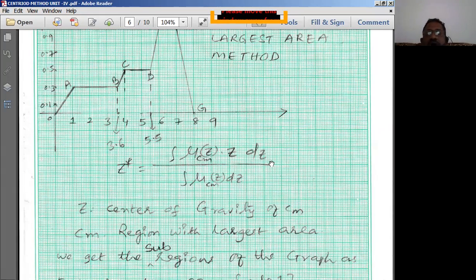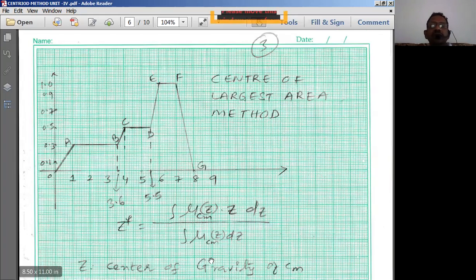It is very important to solve with the graph paper. First of all, we should locate the values correctly to get the correct results. Anyway, the examiner is going to see the approximate value. Say for example, Z star is equal to 2.385 we have got. So at least he looks into the value of 2.5 or something nearer to that to give full marks to you. So therefore, you should be careful while using the values here. That's why I use the graph paper.